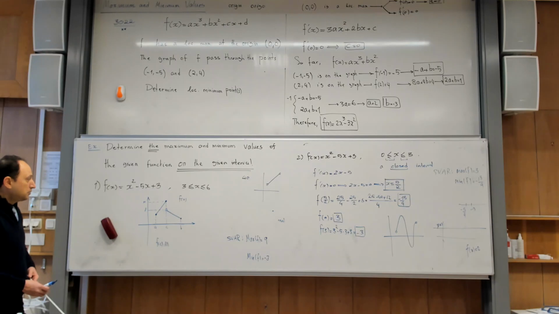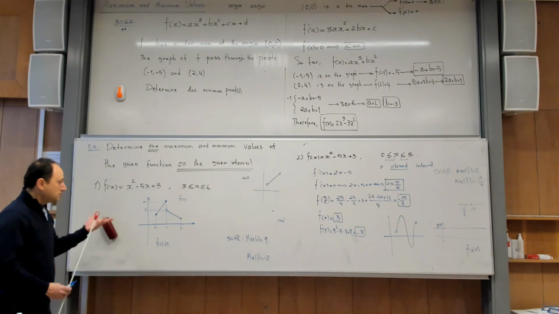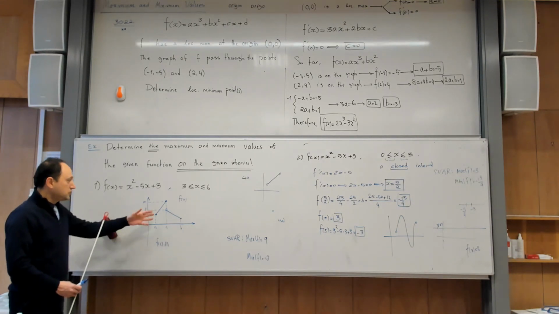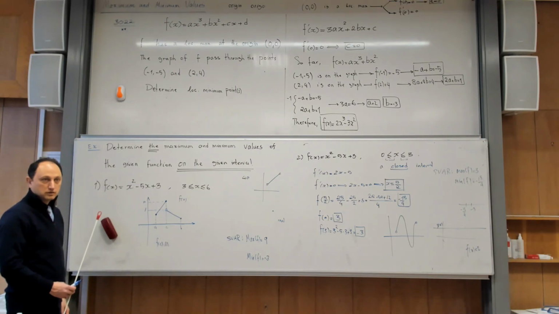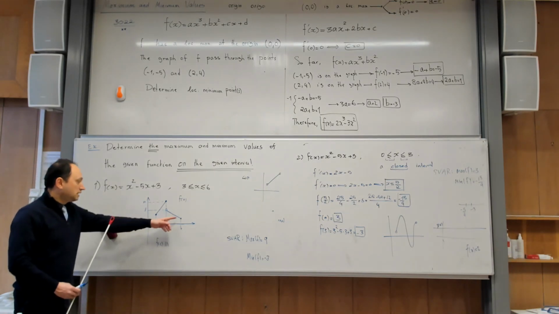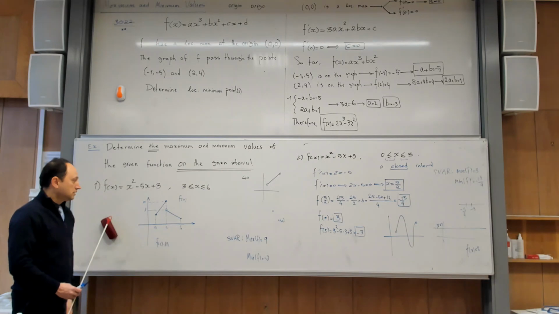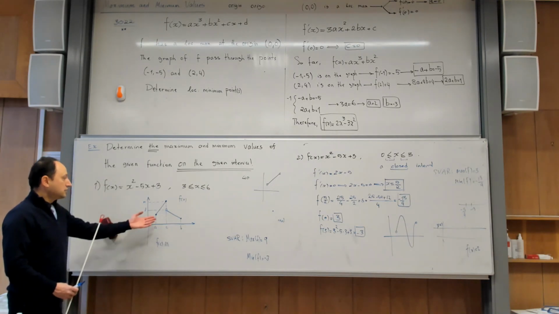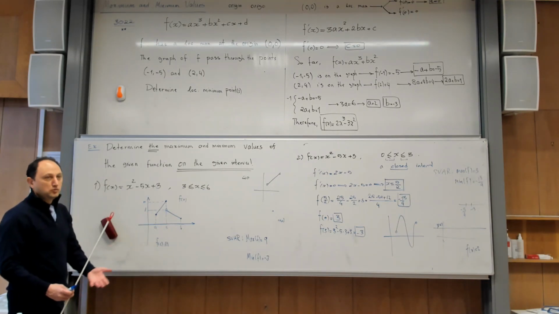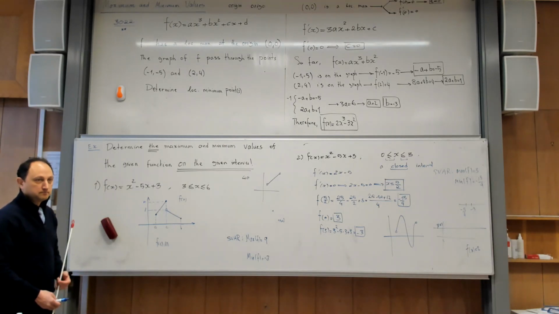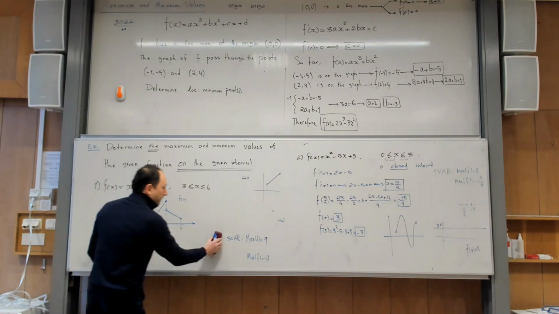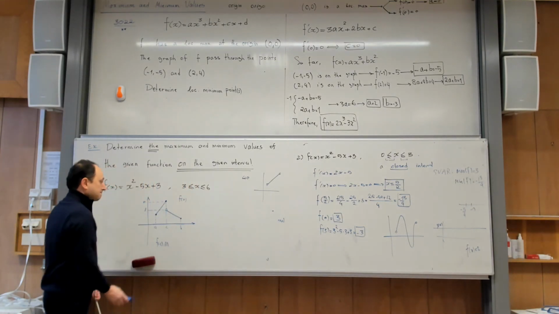Yes? But now can you imagine a function which is not continuous, but the interval is closed and the function doesn't have a maximum or a minimum or neither of them? Is the question clear?